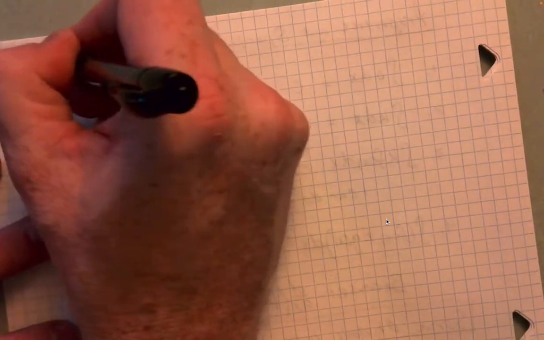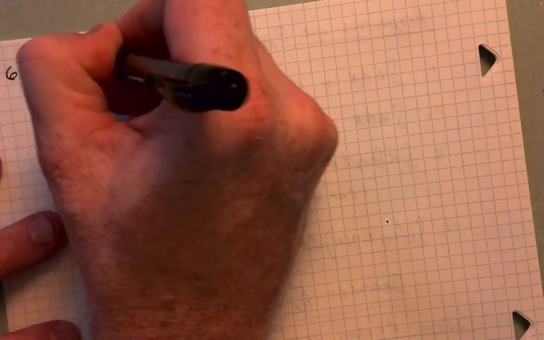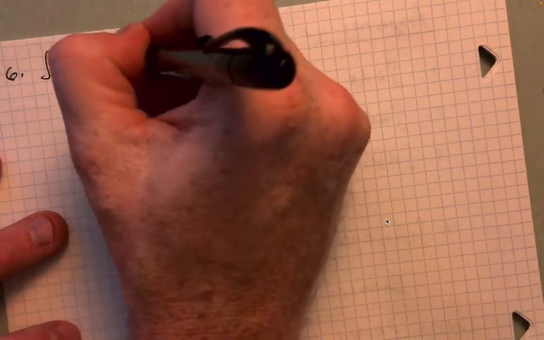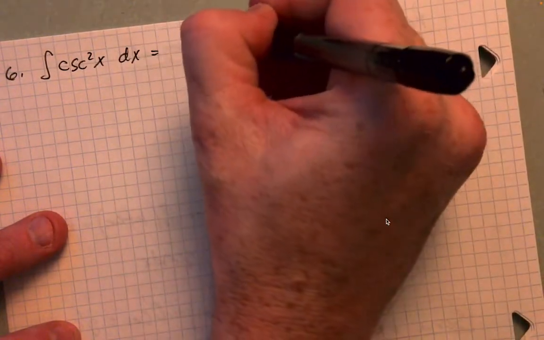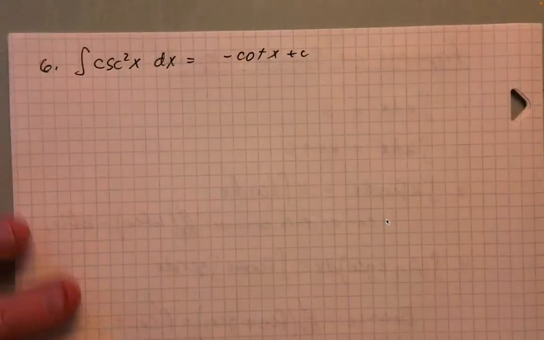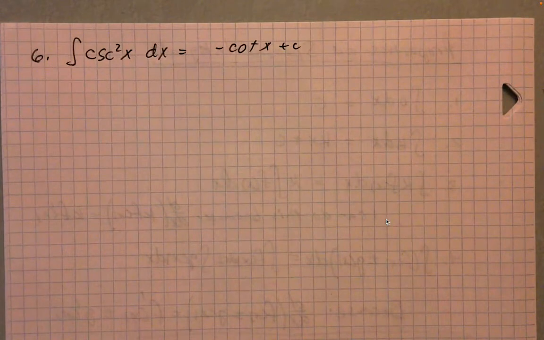Another one that we get for free here at the beginning is the cosecant squared. The integral of cosecant squared is the negative cotangent. We get that because the derivative of cotangent is negative cosecant squared.